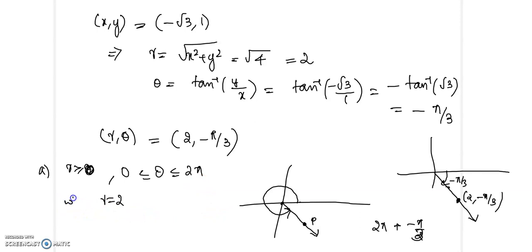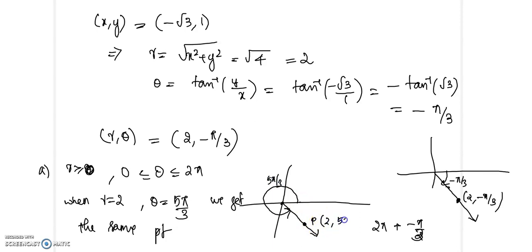So when r is equal to 2 and theta is equal to 5 pi by 3, we get the same point. So r, theta will be here equal to 2 and 5 pi by 3.